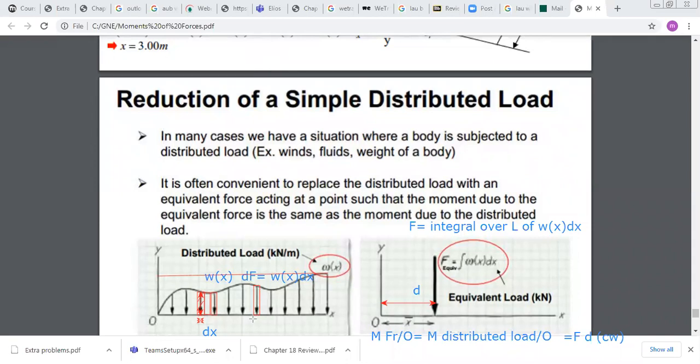So the force on this element is dx times the height here, which is omega x. This gives me df, as we did previously. Now, to obtain the moment of this elementary force about O, we should multiply by the distance from O. What is the distance between O and this point here?